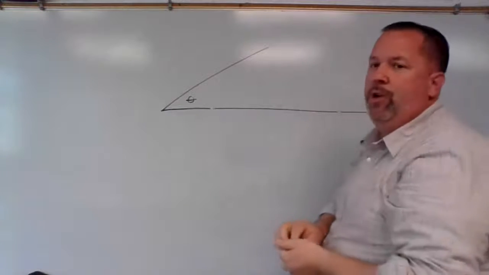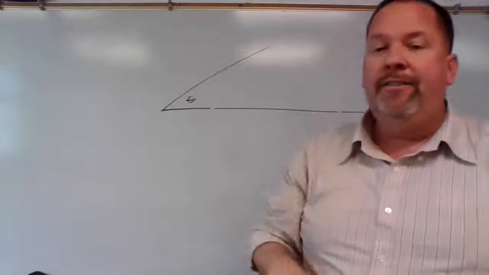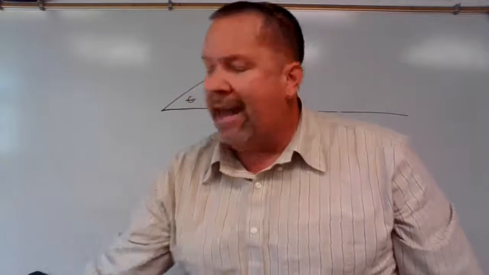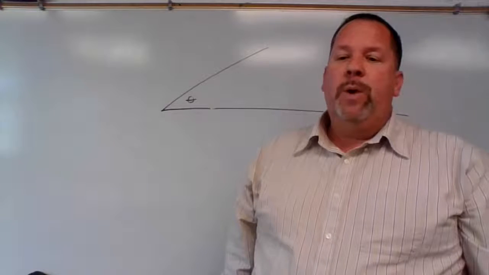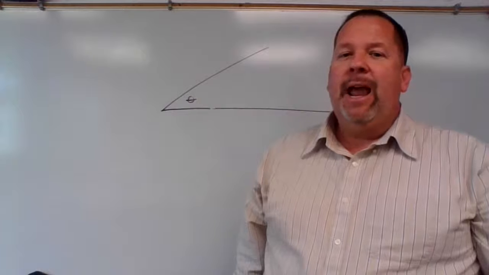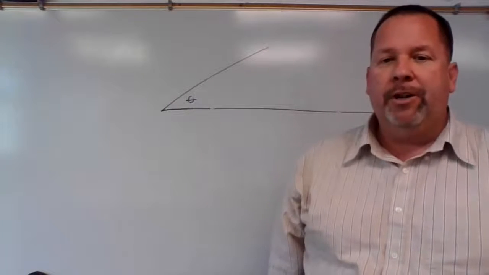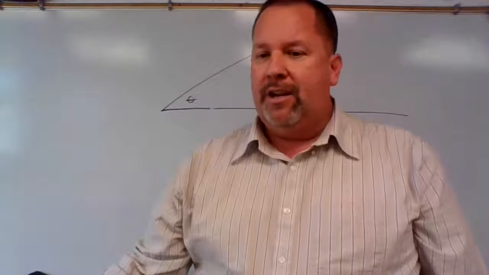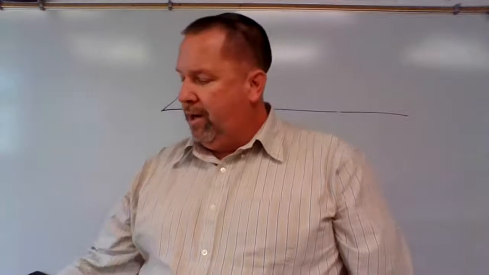It's impossible. There's no solutions. So when I have two sides and an angle that's not included, or not in between them, then we have kind of an ambiguous case of the law of sines, and we have to explore a couple of different opportunities. And so I want to take a look at some of those real quick, and I'll set you free to doing some of your work.